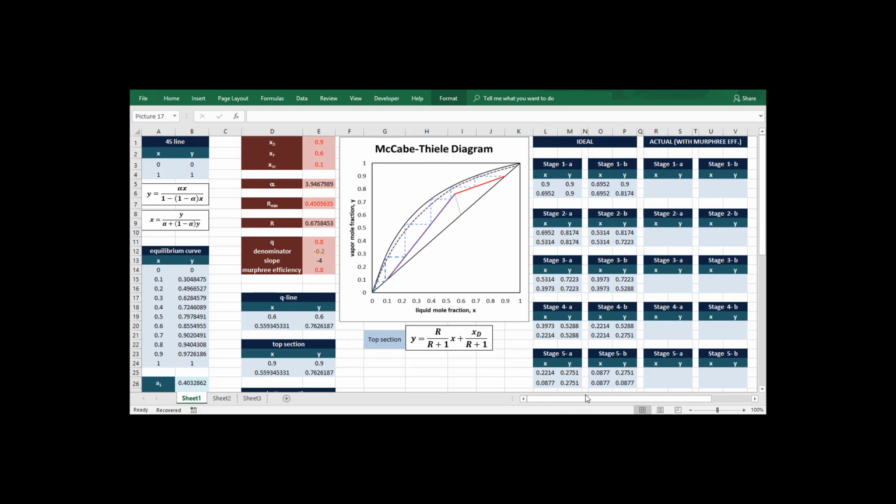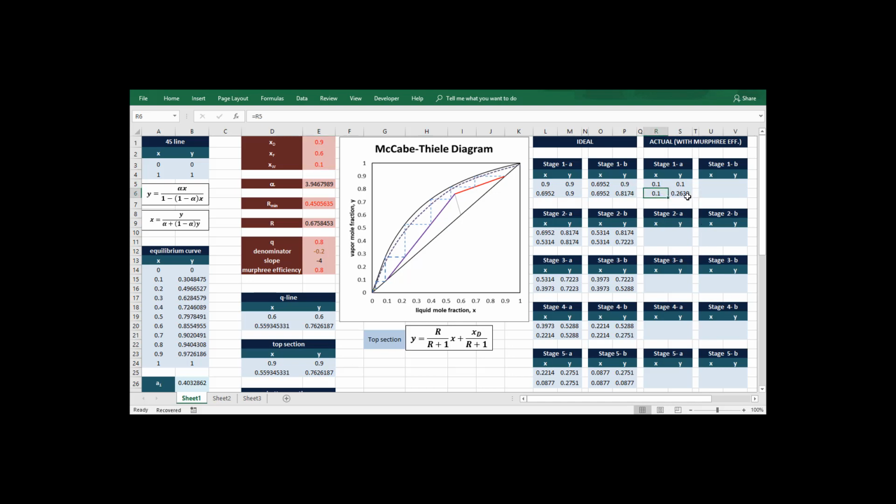This time, I will proceed again in making stages for the actual equilibrium curve. My initial x and y in stage 1A is the composition in the bottoms. And then the second value of x will be the same.